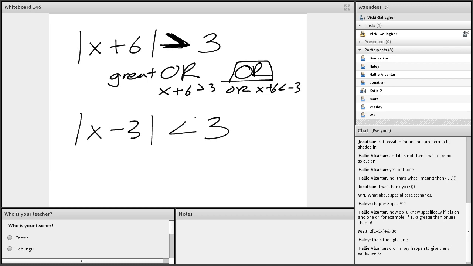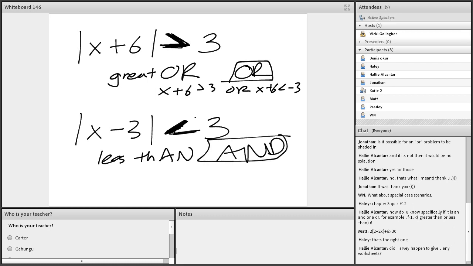But if it's not a greater symbol, if instead it's a less than symbol, a less than symbol is the word and. I know that looks weird, I'm sorry. So if you just kind of say it weird in your head while you're writing down the problem, that'll help you figure out what word to use.